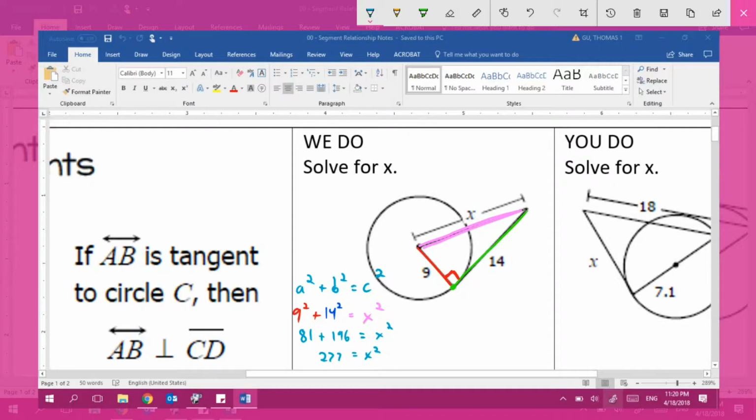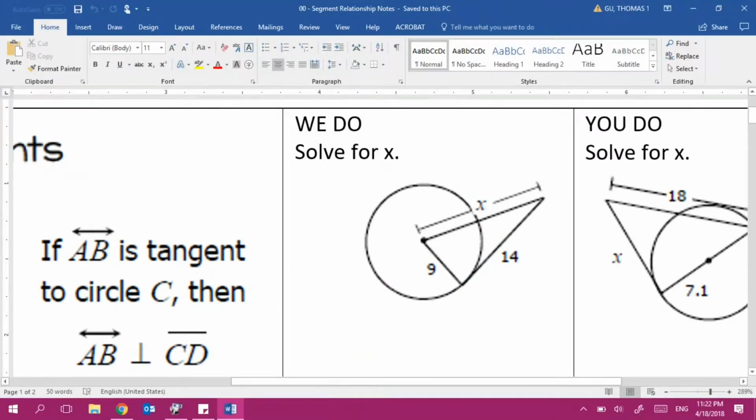I don't want x squared, I want x, so I need to take the square root on both sides. That gives me x on the right side, which is what I wanted. And on the left side, the square root of 277 gives me 16.64. So the measure of x is 16.64. All right, now you guys try the one on the right side.